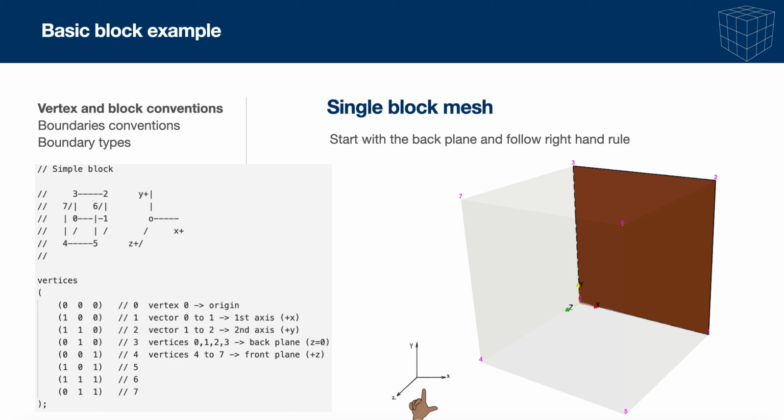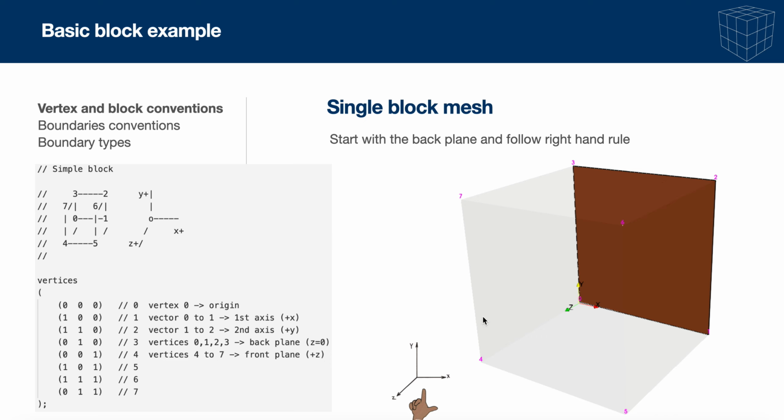In order to make a block in blockMesh, certain conventions need to be followed. You can find more detail in the official documentation, but as a quick summary, if you have to make a block like this, you can start by defining the points which define the back plane, and then move to the front plane.